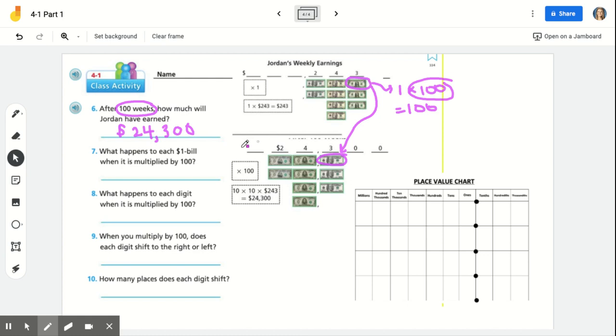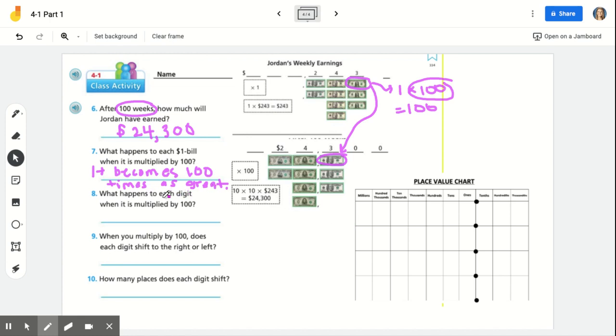So that's our answer for number 7. It becomes 100 times as great. Go ahead and write that in. Does yours look like mine?